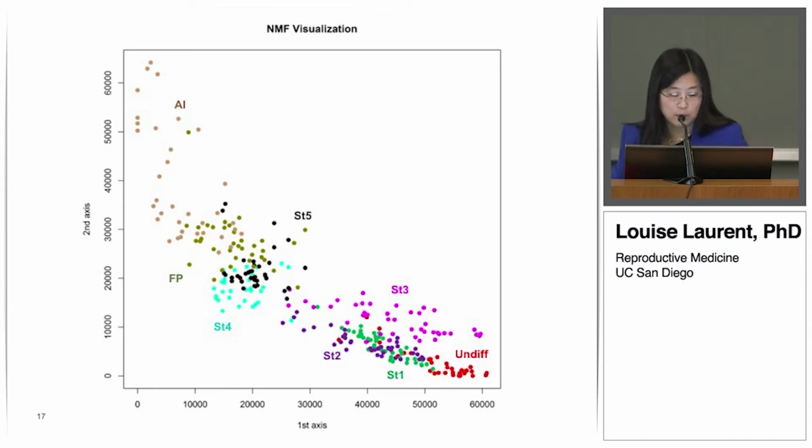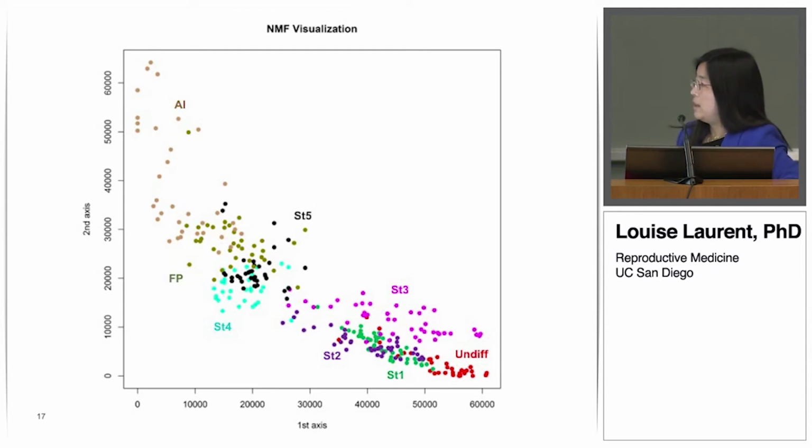Just to give you some early data that we have analyzing these samples, one thing that we do is a lot of quality control on the data coming out of the machine. So after mapping, we actually clean the data and then we downsample everything to the same number of reads per cell.